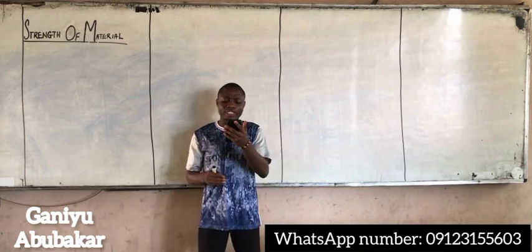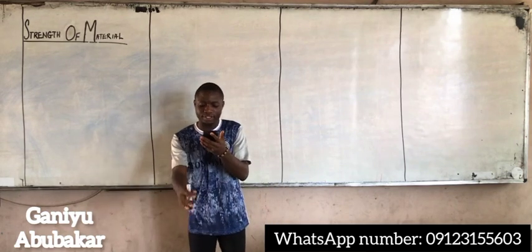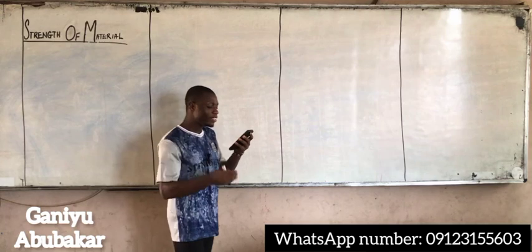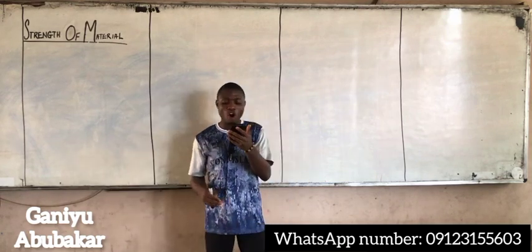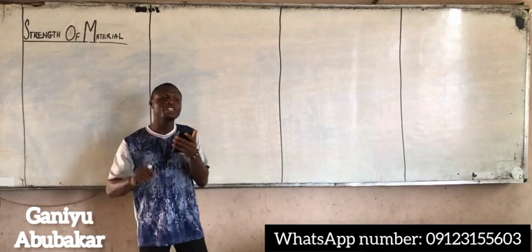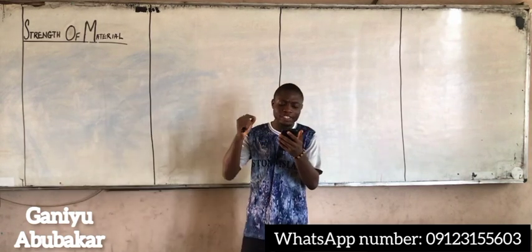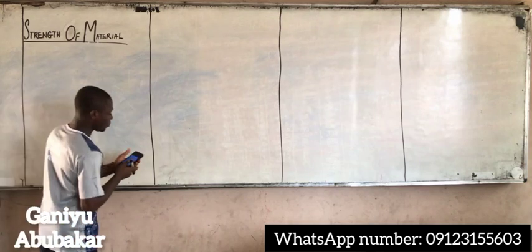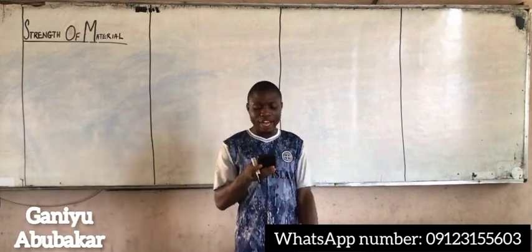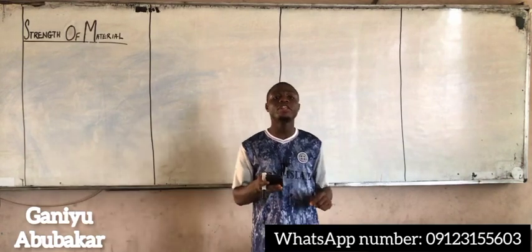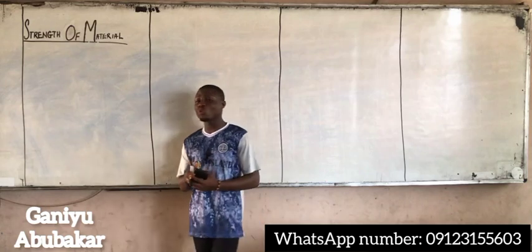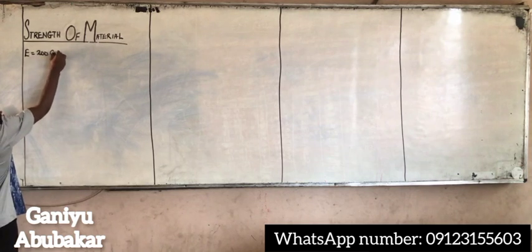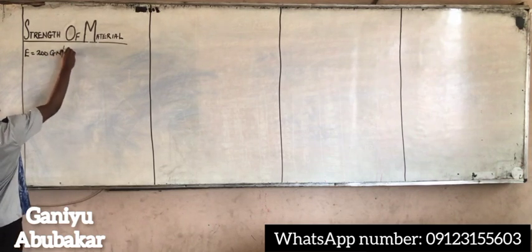If the bar is subjected to an axial tensile load of 15 kilonewton, find the total elongation, taking E, your modulus, to be 200 giganewton per meter square, right?